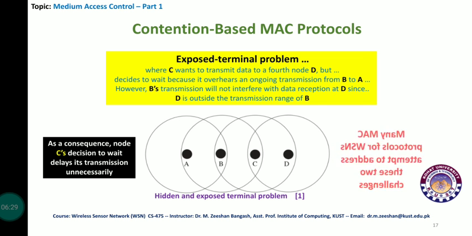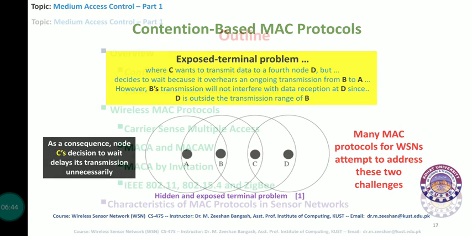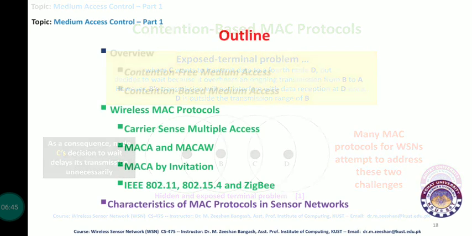So there's a delay. Many MAC protocols for WSNs are basically designed to address these two problems, the hidden terminal and the exposed terminal problem. So they are addressed in most of the MAC protocols that are customized for WSNs.